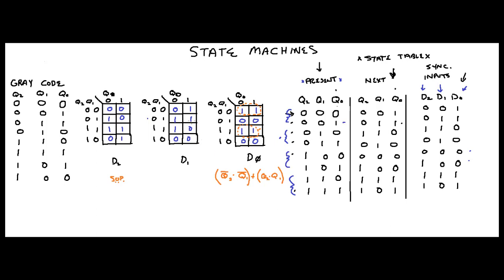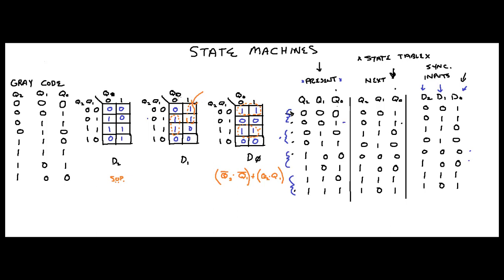Let's do D1. So if you look at this one, you can see there's one, and there's one, right? So let's solve for this one. I'm going to use some real estate up here, it's just getting too crowded below.